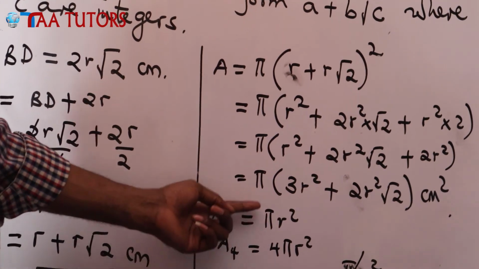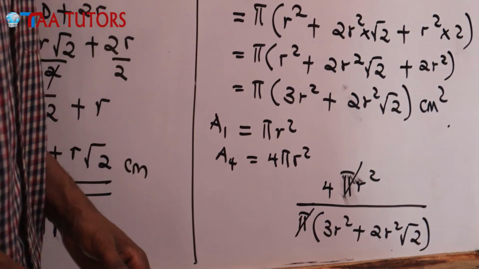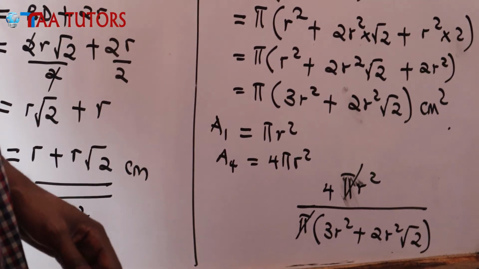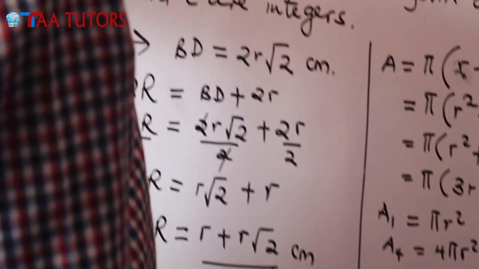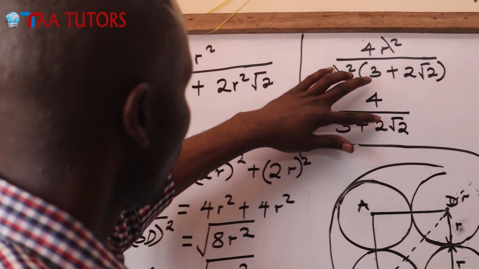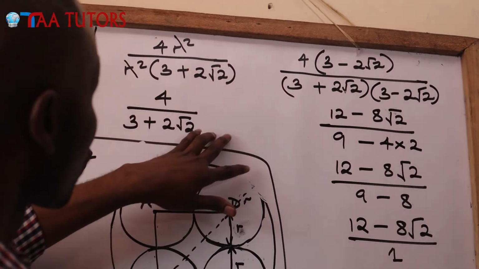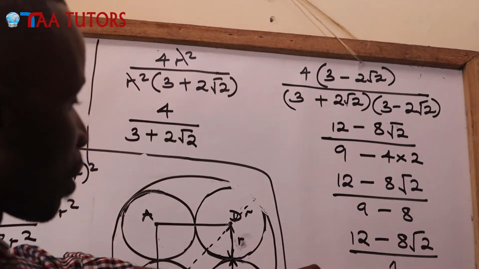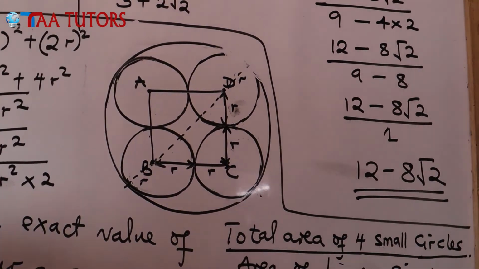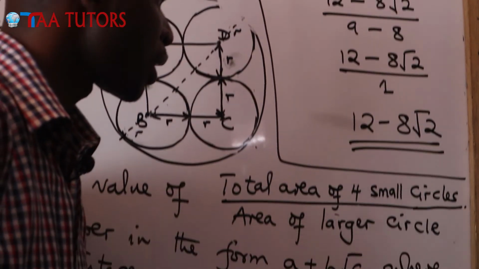And now we have the area of the 4 smaller circles divided by the area of the bigger circle. Then we come here to simplify, eliminate r squared, and end up with 4 divided by 3 plus 2√2. After that, we rationalize the denominator to get this, and finally we end up with 12 minus 8√2, in the form of A plus B√C.